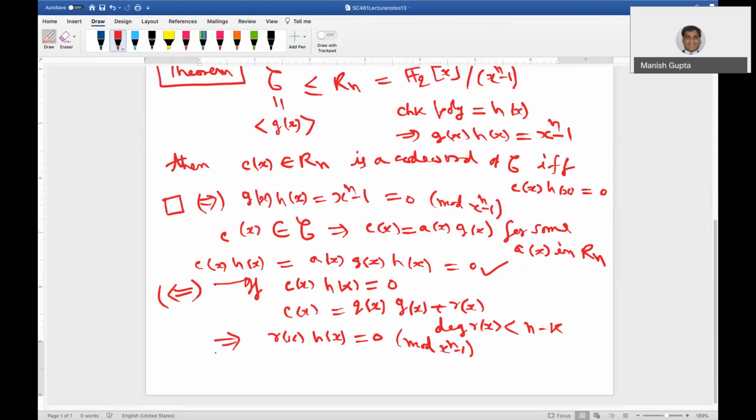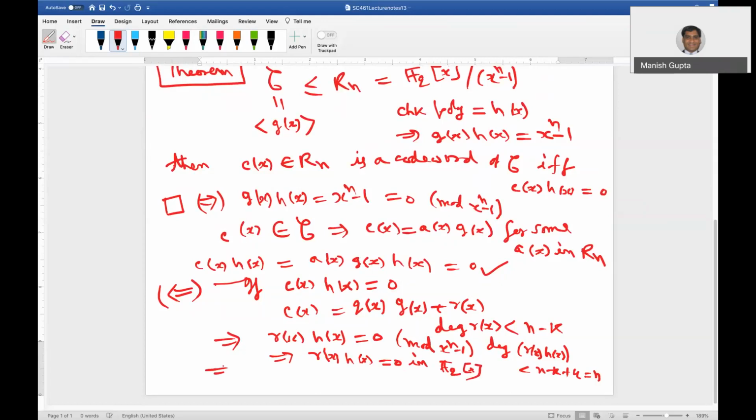Now we know that the degree of r(x) into h(x) will be less than n minus k plus k, which is n, right? Therefore r(x) into h(x) is 0 in Fq[x] as well.